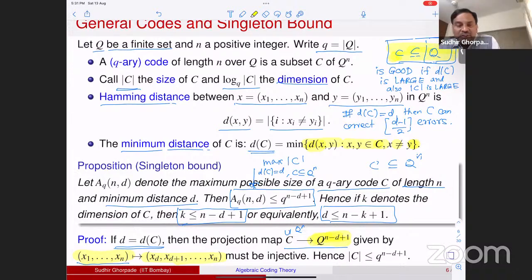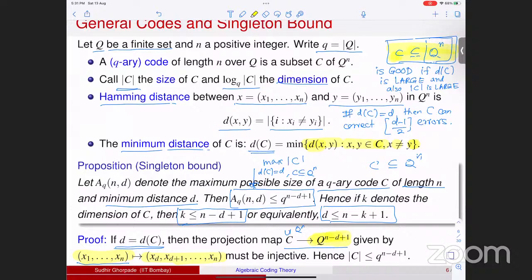Because what is an injective map? Yeah, is there a question, Mr. Mani? Okay, if there is a question, please unmute and ask, or you can type in the chat box. I'll try to monitor the chat. Excuse me, sir. Yes. What is meant by injective?